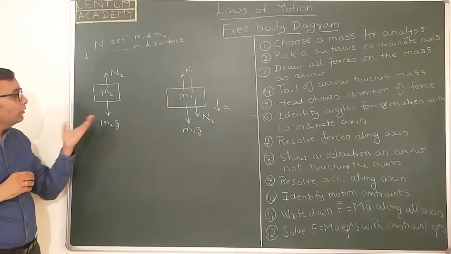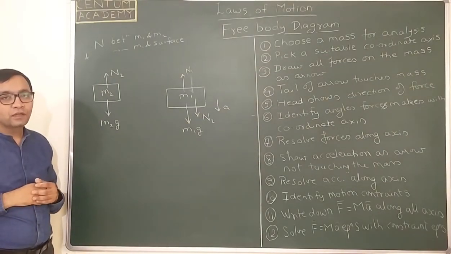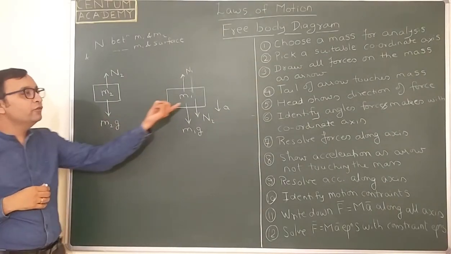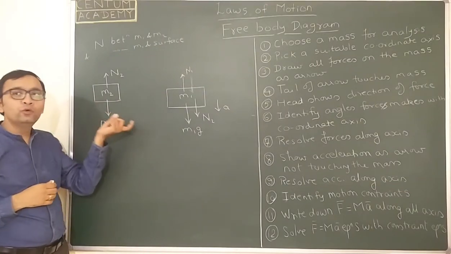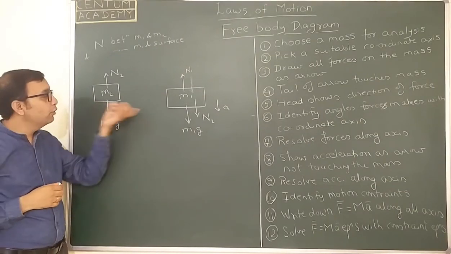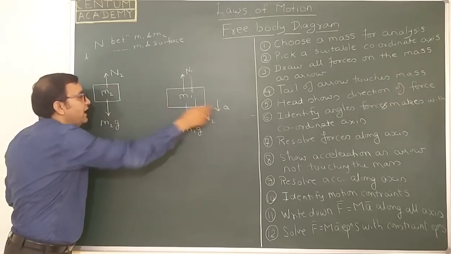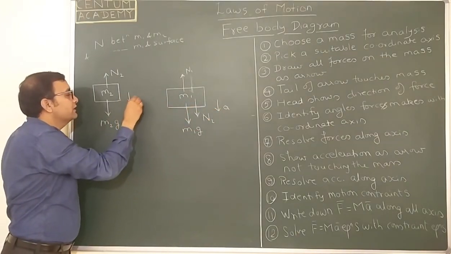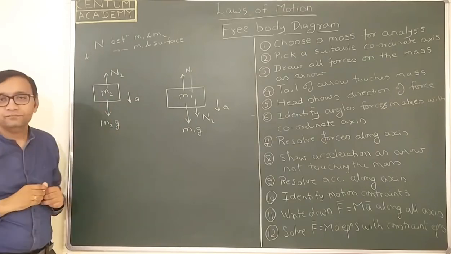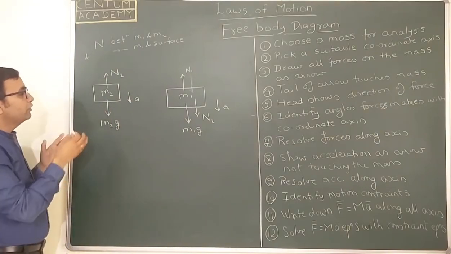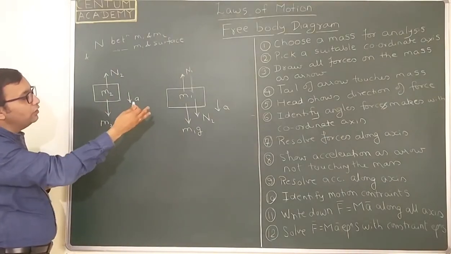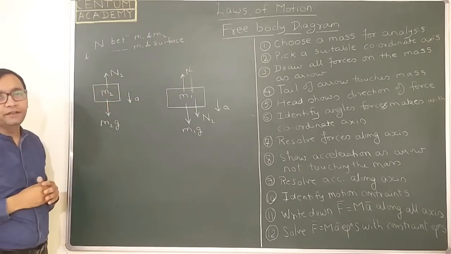Okay. Now what will be the acceleration of m2? We have assumed that m1 is rigid. Okay. m2 does not go inside m1. They both move down together. So if m1's acceleration is a, m2's acceleration is also a. Right? Now we see that all the vectors, all the arrows are vertically aligned.